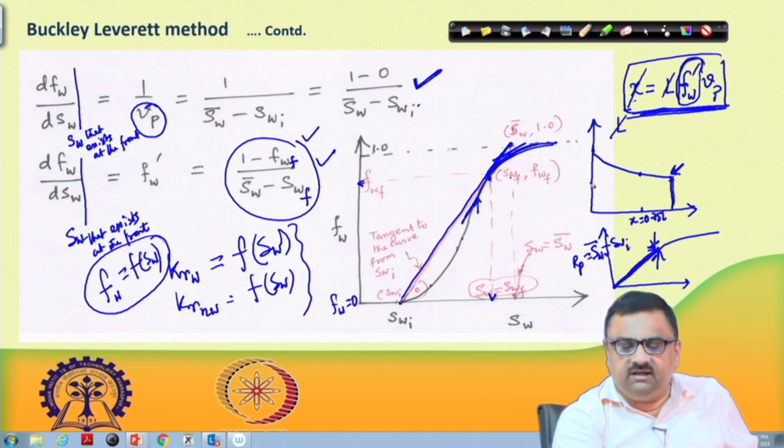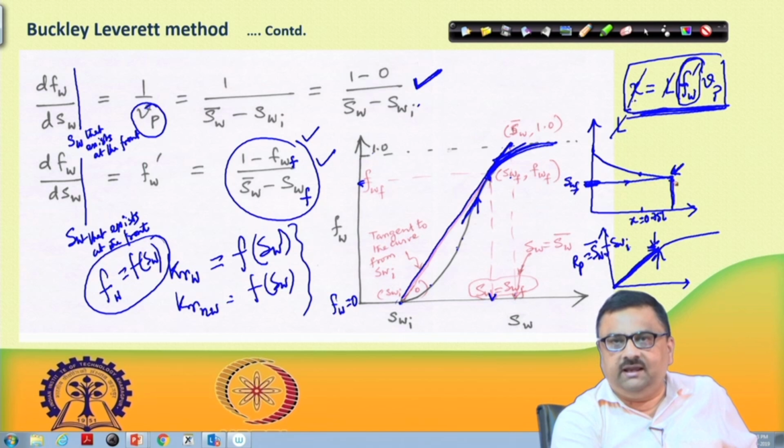What does this curve mean? This curve means I have this SWF saturation, and after Vp volume of water injection, this SWF saturation has travelled by distance x equal to L.